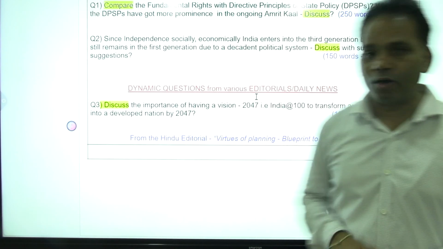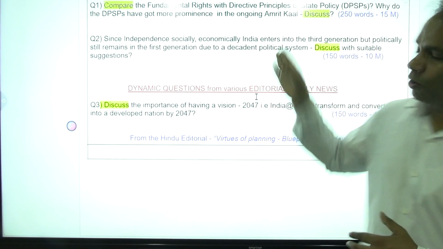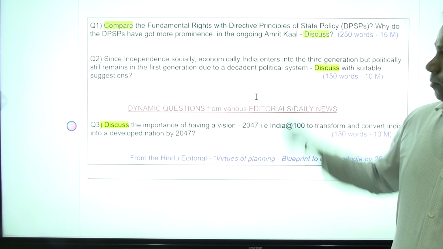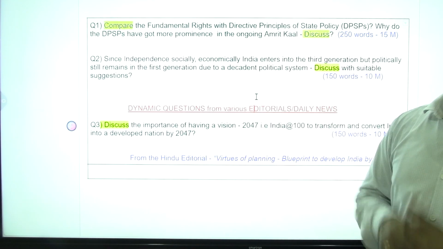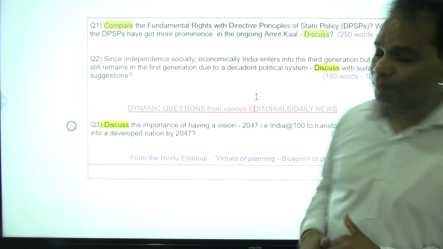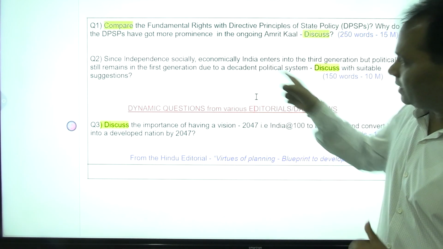Political reform is important, including strengthening the anti-defection law and the Representation of the People Act 1950 and 1951, etc. The model code of conduct should be strictly implemented, and we should reduce the influence of caste, religion, money power and muscle power in the electoral system.